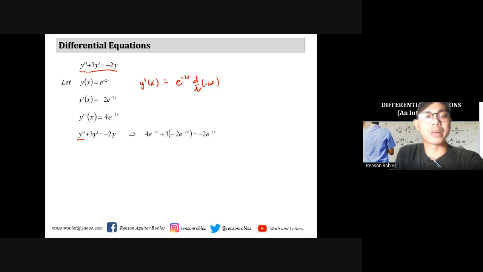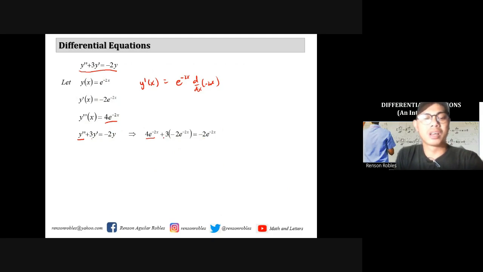Your y double prime, which is equal to 4 e raised to negative 2x, you just place here. Then plus 3 times y prime, which is negative 2 e raised to negative 2x, and equals negative 2 times y, which is represented by e to the negative 2x.